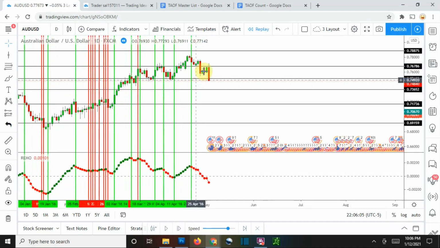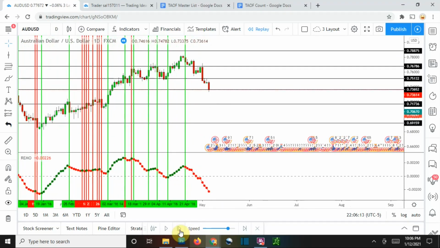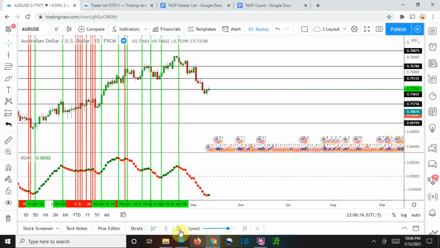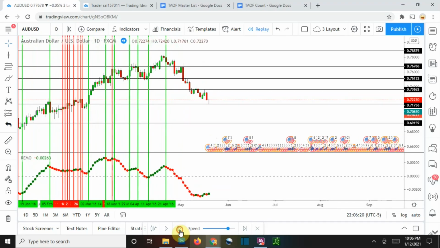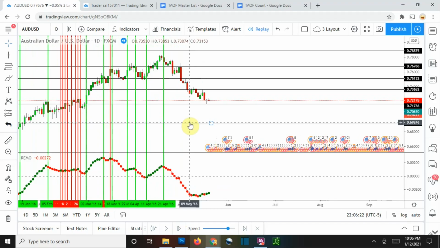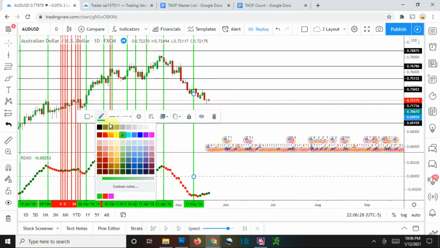There we go. So it started to come back up and then immediately rejected that overhead resistance one more time, giving us a pretty strong sell, and then it just kind of collapses down from there. It's now come down here. Looks like it's going to start to bounce off this lower area of support.